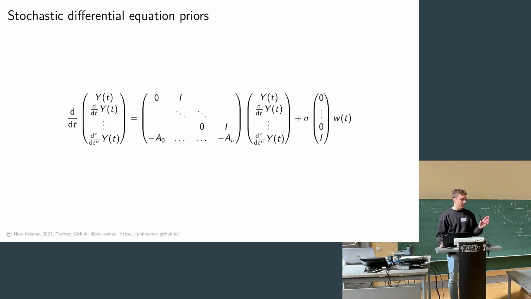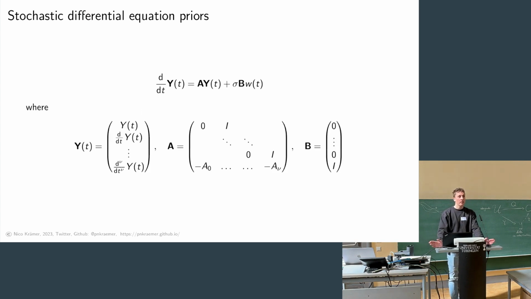And of course, the matrix A becomes this companion matrix form, and the white noise enters only through the last component. So if we abbreviate this as the first order dy/dt equal to A times y plus Σ times b, we can actually use this SDE to implement our priors.